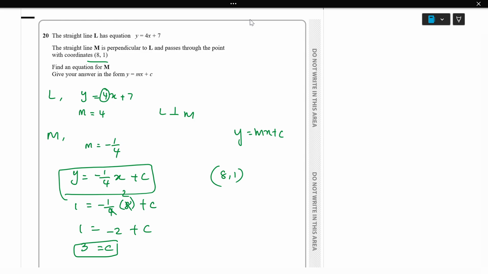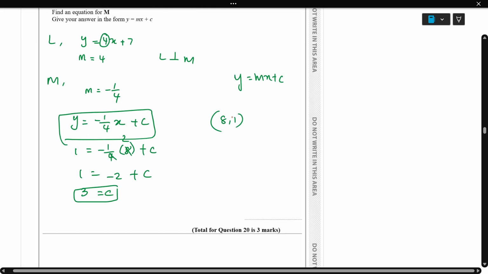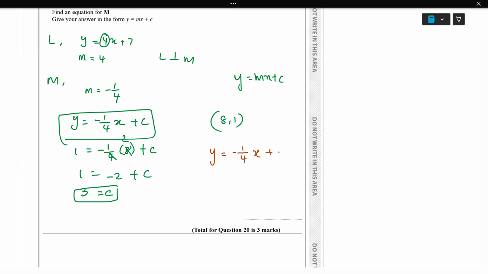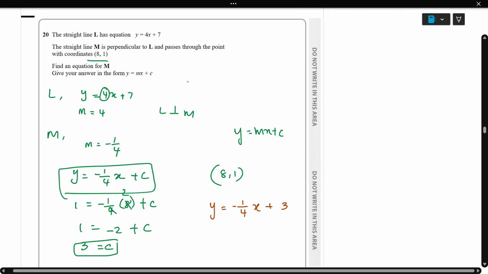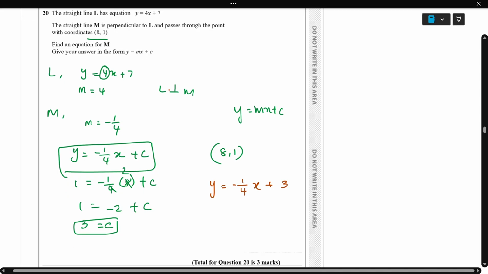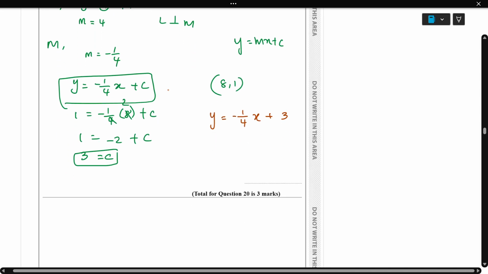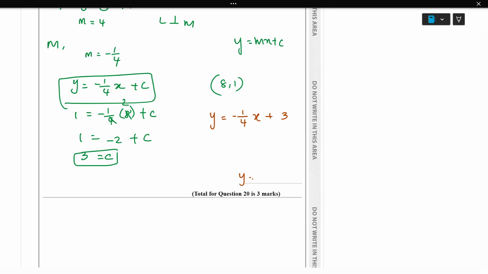So our answer is going to be y equal to negative 1/4 x plus 3. So this is the required form. Here we need to give the answer as y equal to mx plus c. So we have m and c, so the final answer is y equal to negative 1/4 x plus 3.